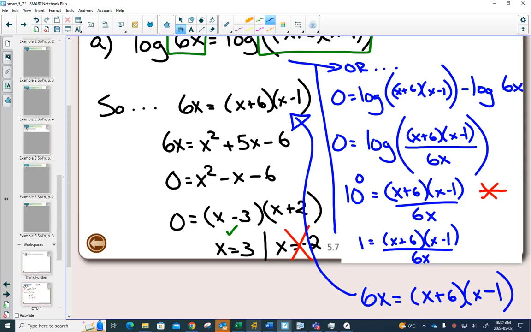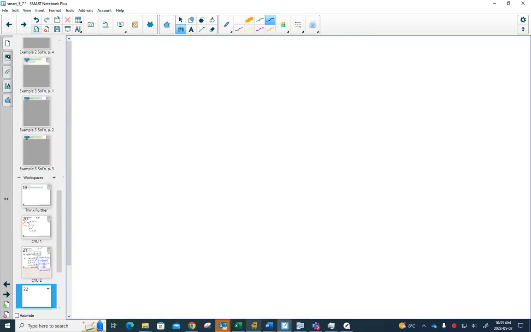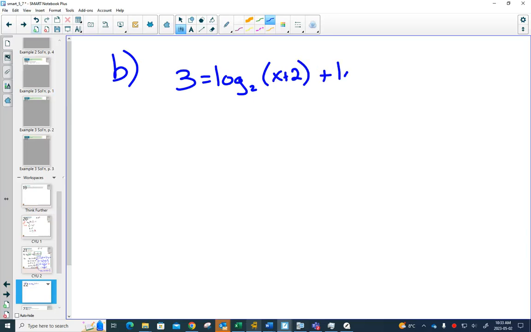If we look at part B on this one, it had 3 equals log 2. Oh, we were done. 3 equals log base 2 of x plus 2 plus log base 2 of x.